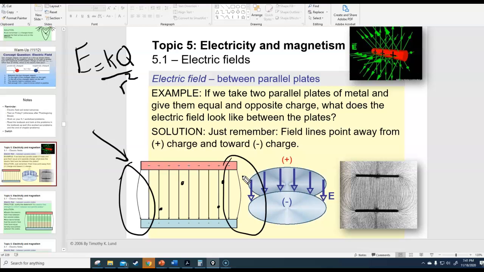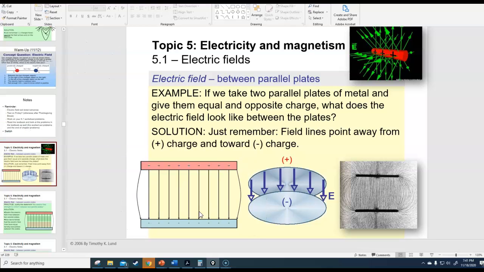If you imagine eating an ice cream sandwich, for the most part in between the two parts of cookie, everything is nice and uniform, but if you bite into it, it squirts out at the end. And so at the edges, the electric field starts to spill out with this kind of charge distribution. And you would never be asked to do calculations at the edge because the electric field stops being uniform there. But you might be expected to know what the electric field looks like at the edge.